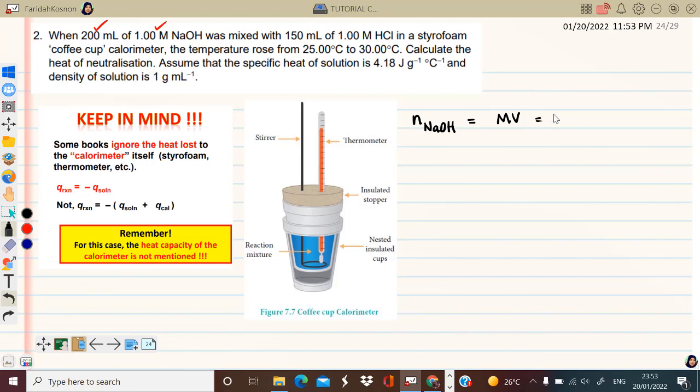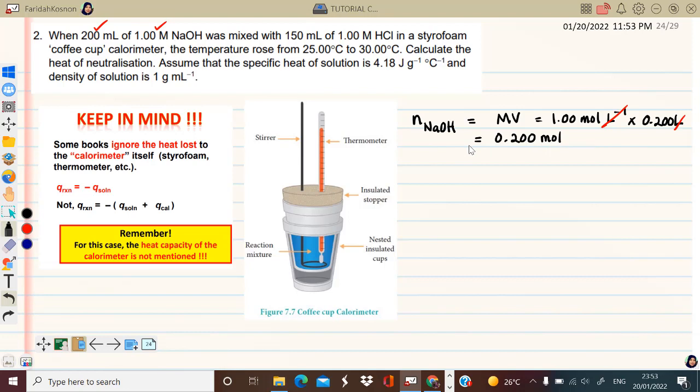So we have here 1.00 mole per liter, because molar here, right? Times, kita darabkan dengan dia punya volume. Sekejap. Terus tukar dalam liter. So kalau 200 milliliter, it is equal to 0.200 liter. So you can see here the unit per liter and liter cancel out. So you will get the number of mole of sodium hydroxide. So tekan calculator patutnya saya tekan pun dah tahu dah. So it is equal to 0.200 mole of sodium hydroxide.